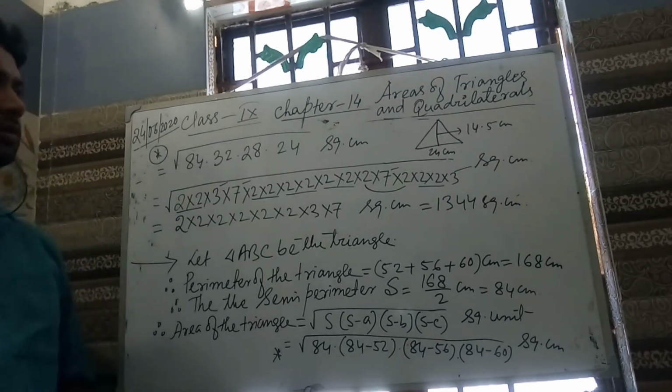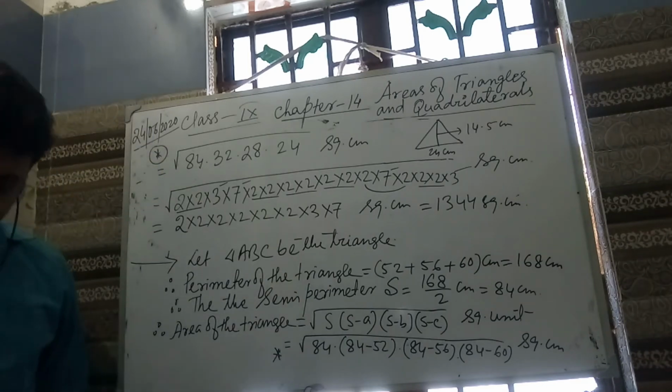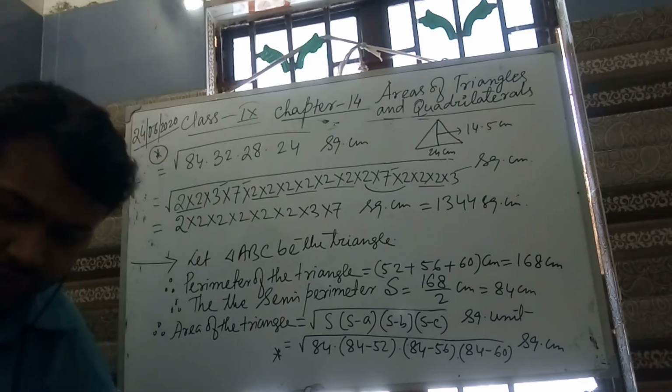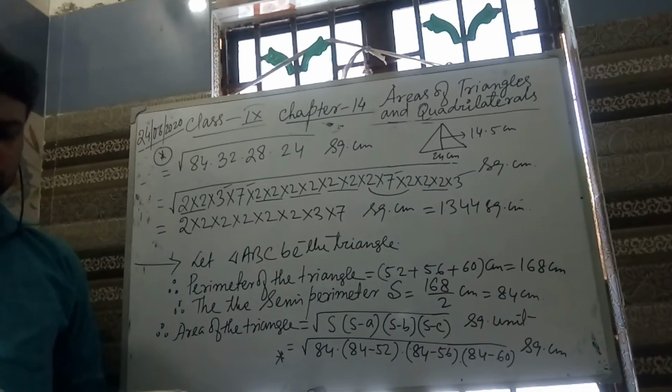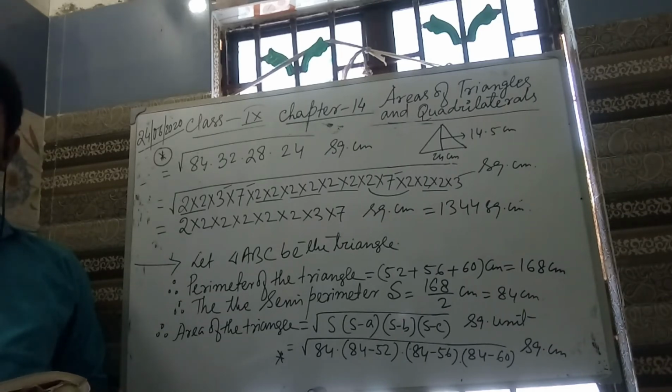Just check if it matches with your book or not. Find out the area of the triangle whose base measures 24 centimeter and the corresponding height measures 14.5 centimeter.